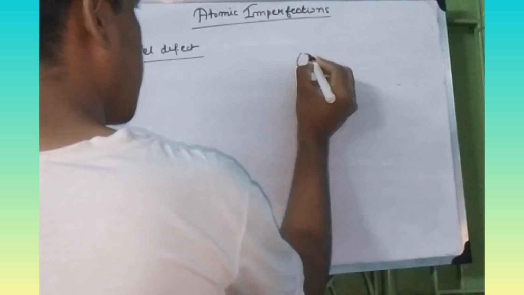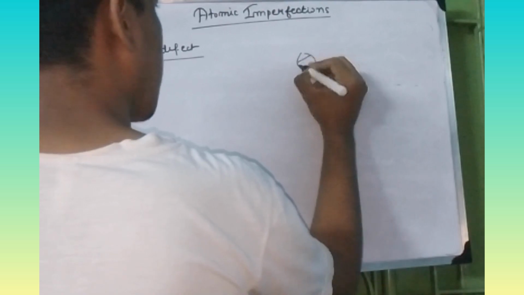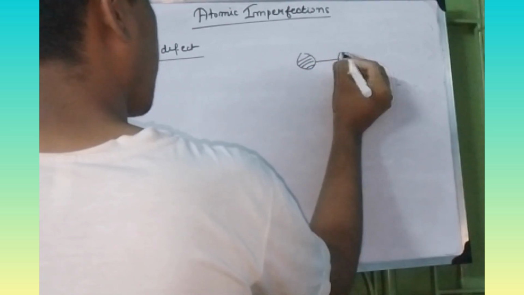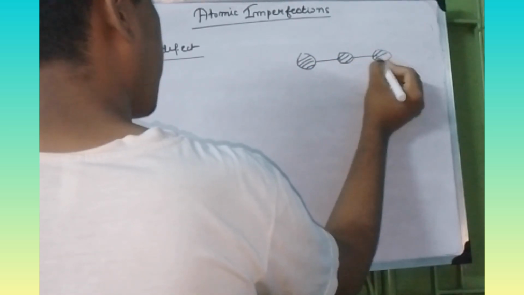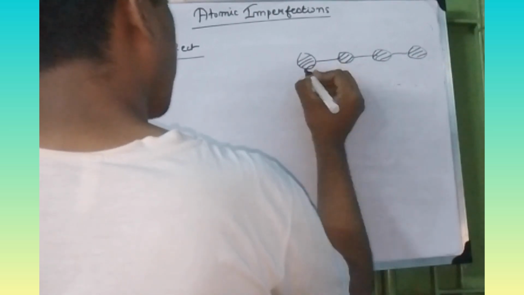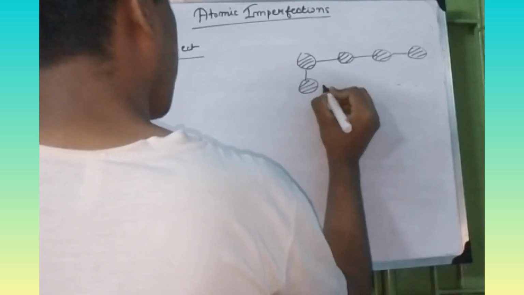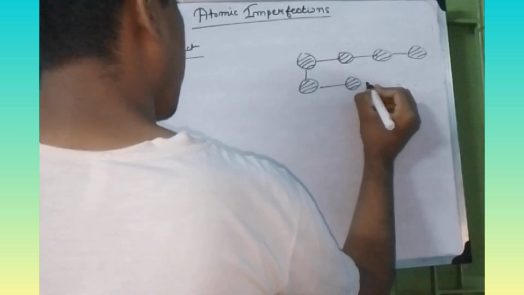Now we will learn about the Frenkel defect. To understand this more carefully, first we have to draw this diagram where all atoms or ions are linked with each other in the similar pattern as discussed earlier.